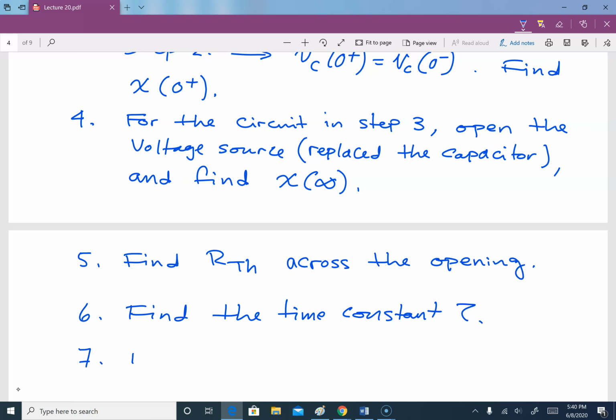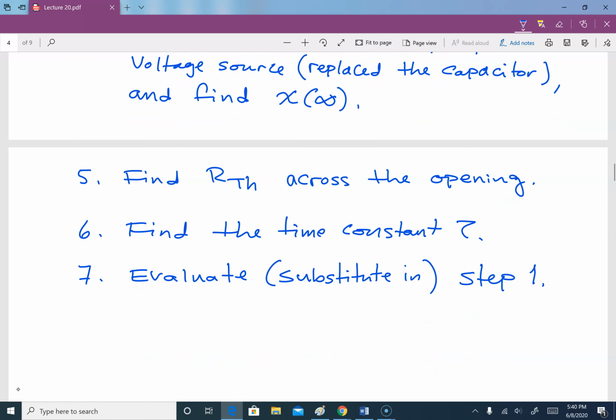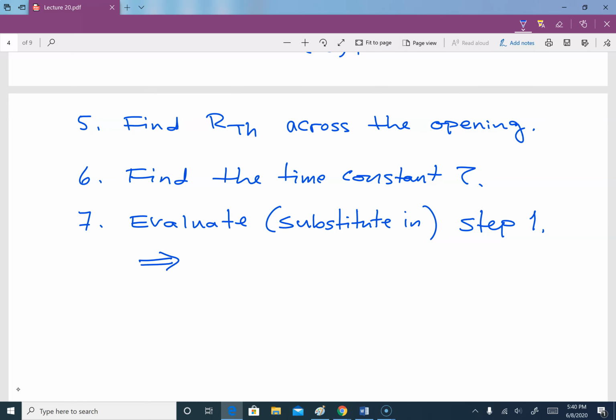Number 7, evaluate or substitute in step 1. Then that will be the solution.